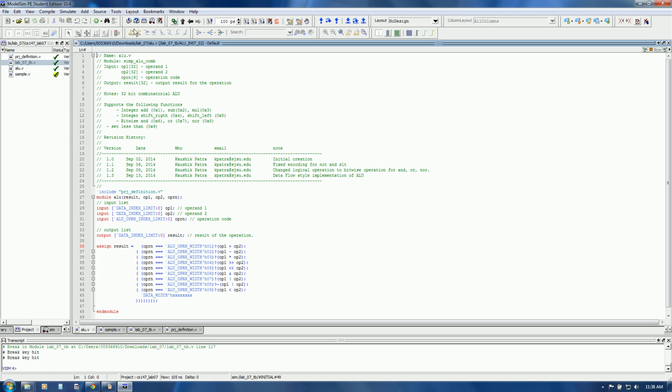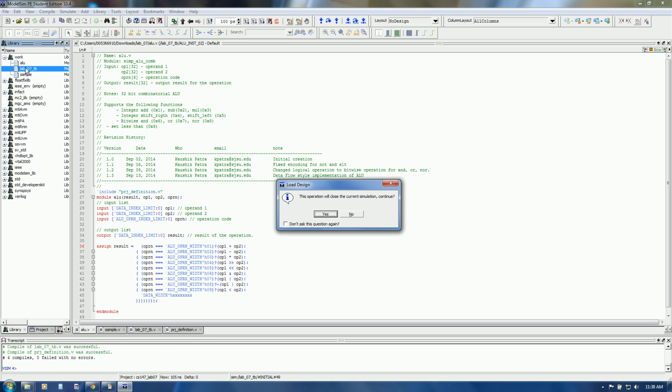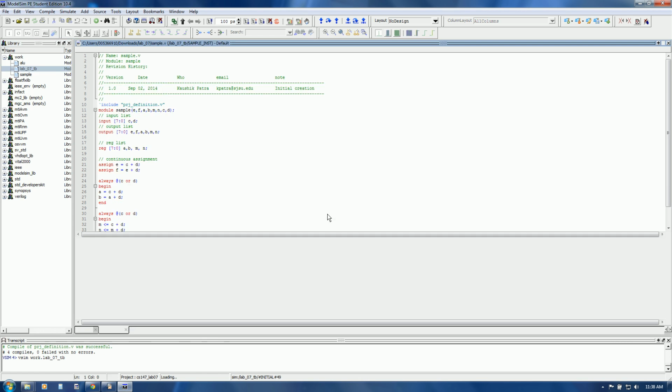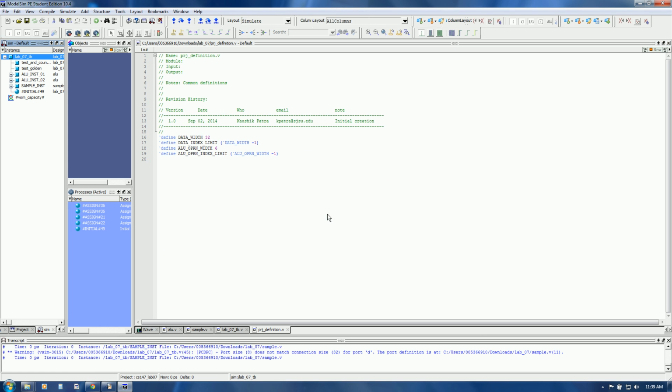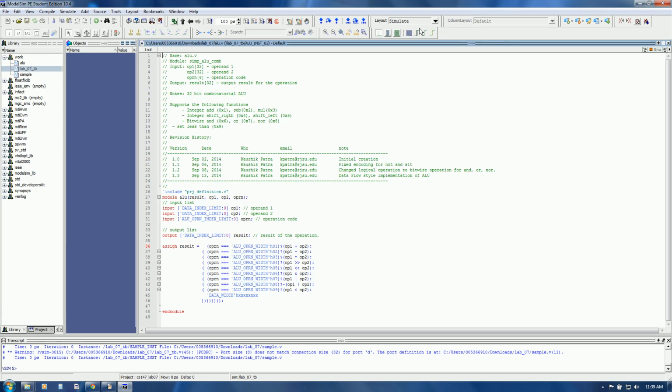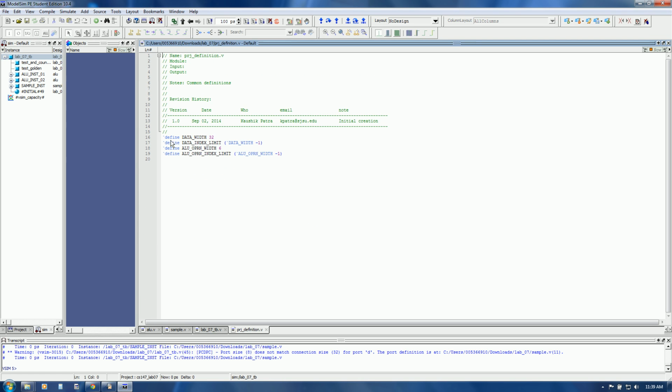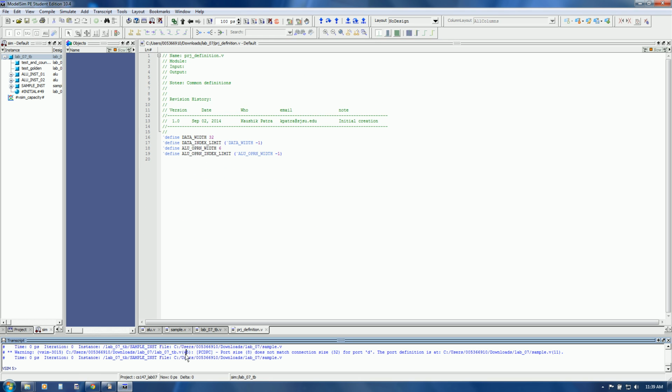Now all we need to do is compile, and then we go and load the test bench. So we'll load it. Okay, why is it not loading?